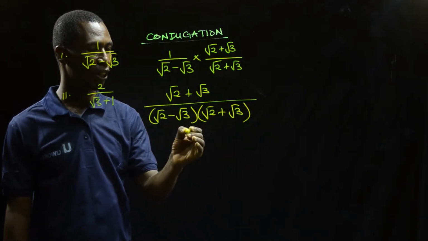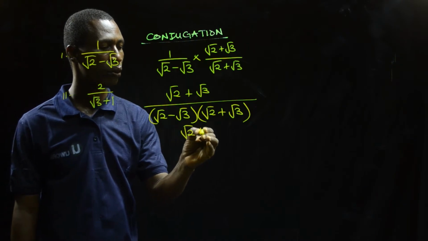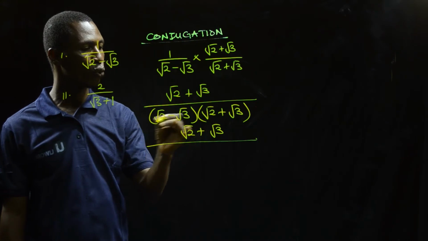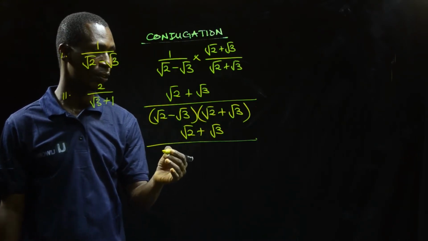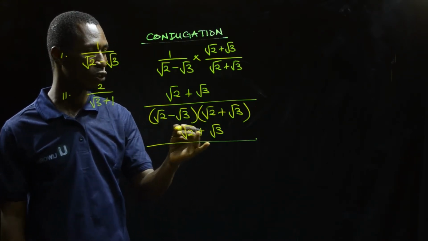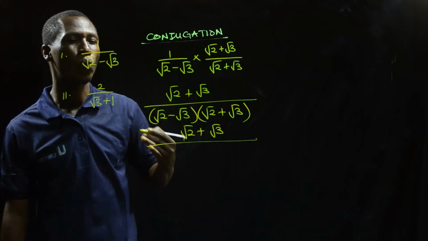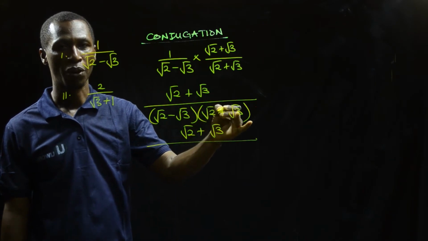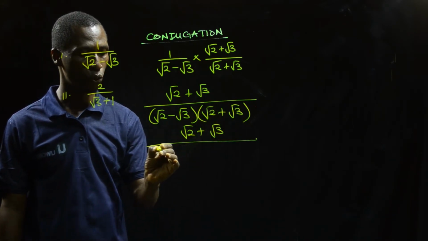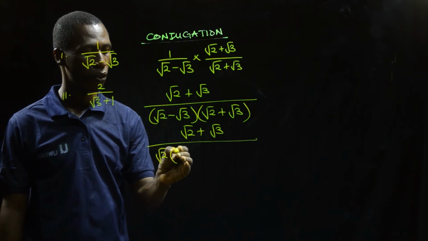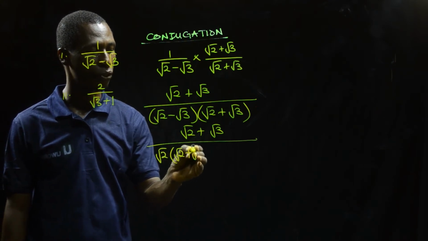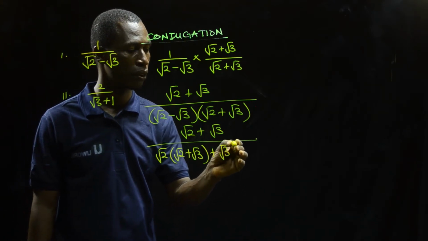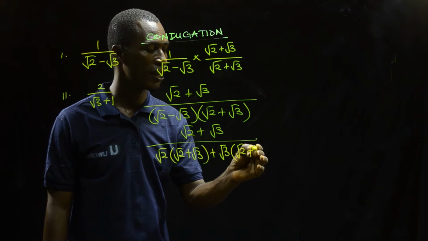So in expansion, root 2 times root 2 will give me root 2 squared. If you want to do it in a simple manner, I'm just going to do it in a manner whereby you can easily apply it. So this root 2 is going to multiply root 2 plus root 3. So I'll just take root 2 out, root 2 plus root 3, plus root 3 out, root 2 plus root 3.